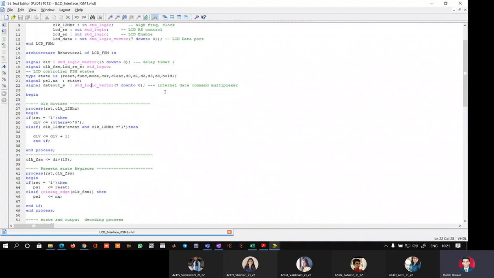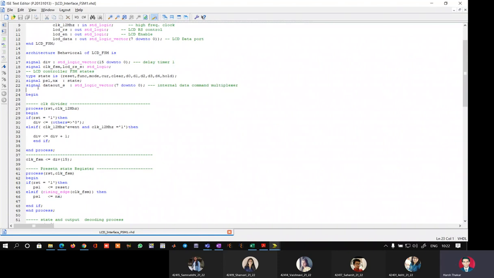So in the first line we create the new data type called state_name, and in the next line we always define signals belonging to the new data type. That same thing we have done here. In line number 20, I have created a new data type whose name is state, and in parentheses I have written the different values that this data type can accommodate. Line number 21, I have defined 2 signals. The first signal is PS1, the second signal is NX, and they belong to the data type state which is created on line number 20.